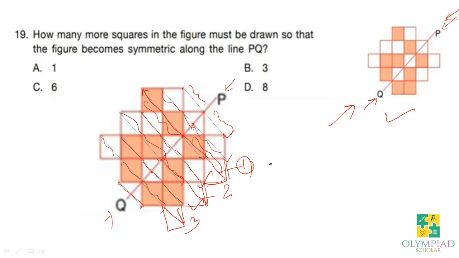So we need three more figures so that it will be a symmetric figure along the line PQ. So the answer is option B. You can play this question once again so that you understand it properly.